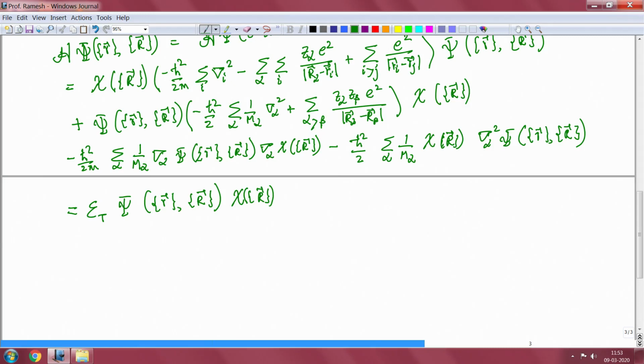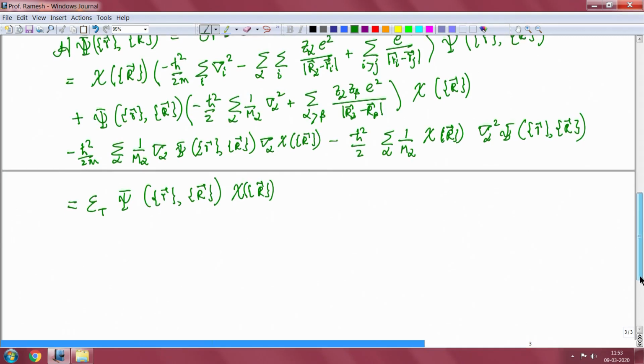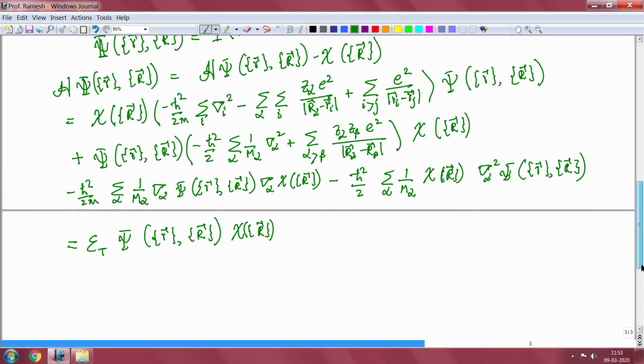Now, let us look at the first term in the first line in the Hamiltonian, or in the equation that I have written above. This particular line actually looks as though this is just an electronic Hamiltonian if I fix the nuclear positions at alpha.